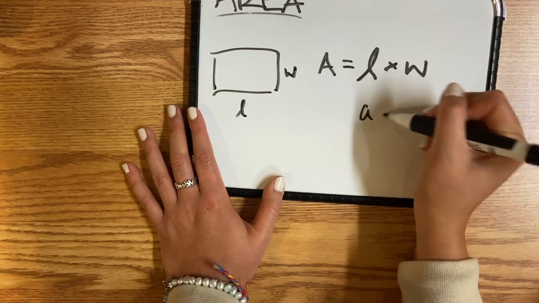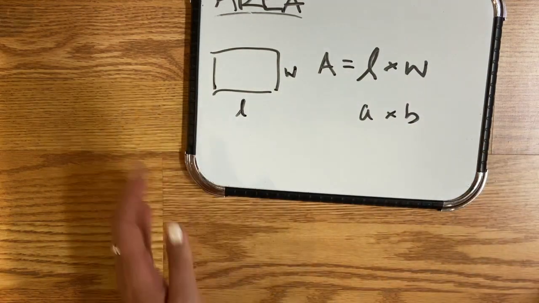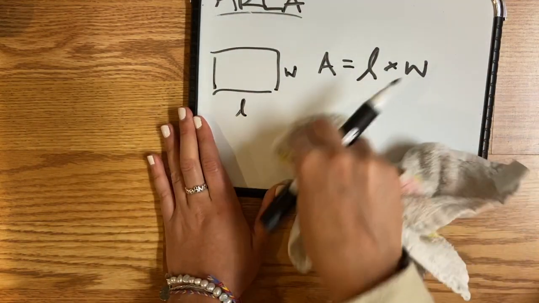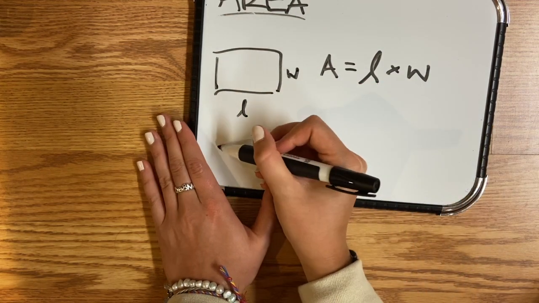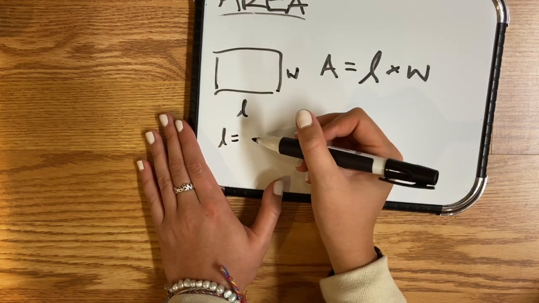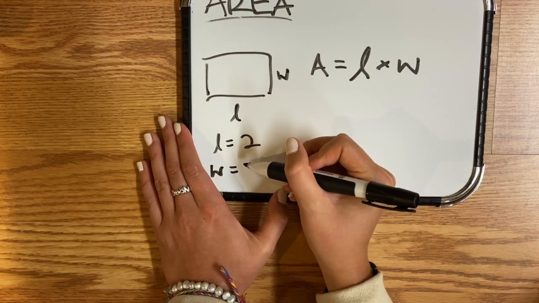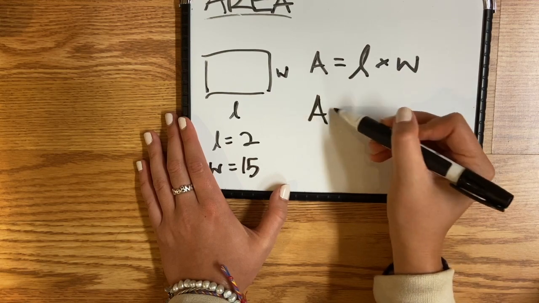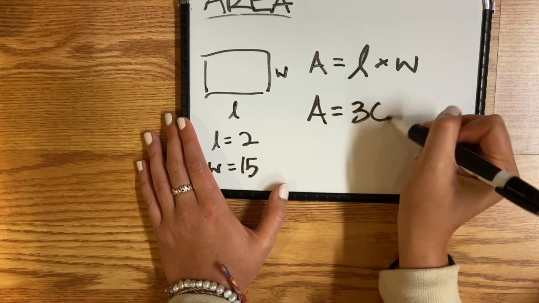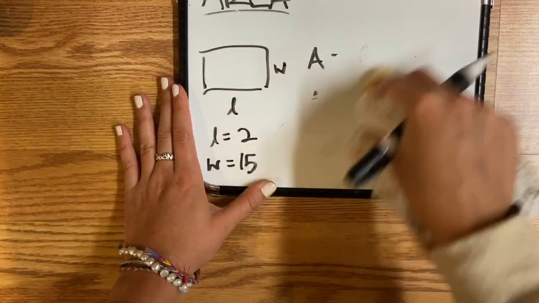Again, you could call it A times B, Z times Y. It doesn't matter what you call it, as long as you're multiplying this times this. So let's say in this case, the length of the rectangle is 2 and the width is 15. The area will be 30. Awesome, no problem. I'm sure you guys will do awesome with this.